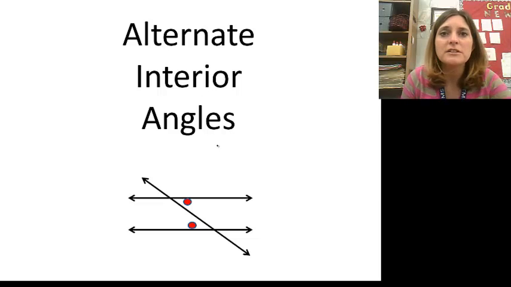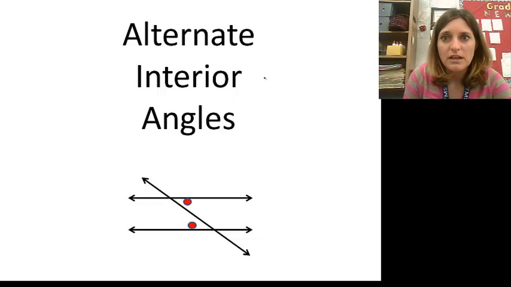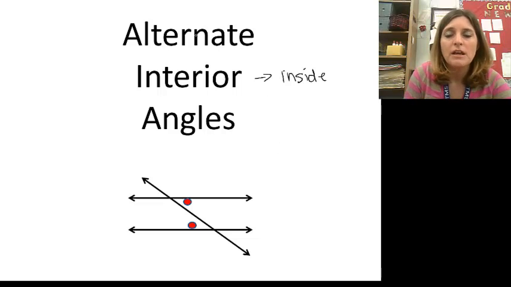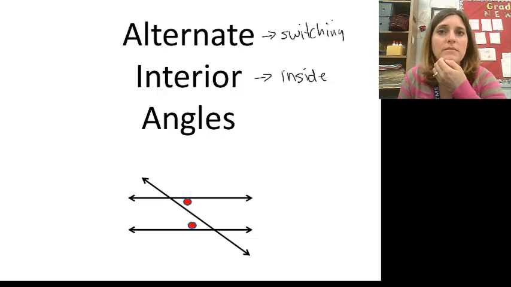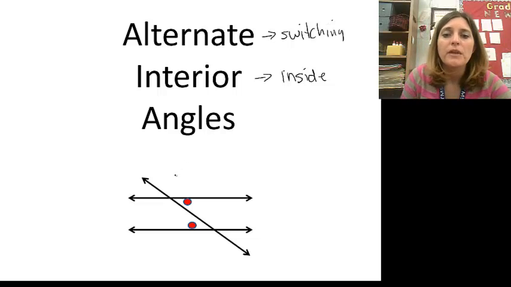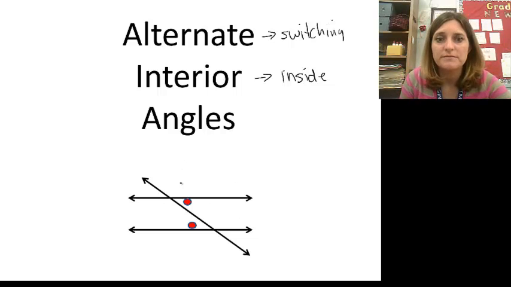Alternate interior angles. Okay, so we know what an angle is. Interior. When I hear interior, I think inside. Okay? And alternate, I think of switching. So, here are my parallel lines. Here is my transversal.